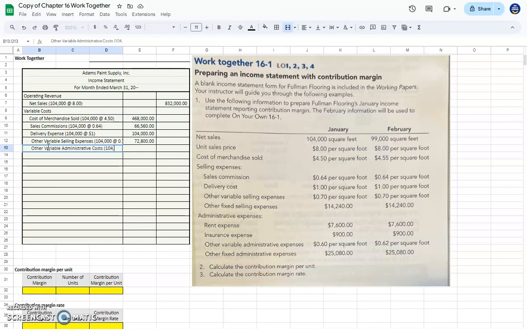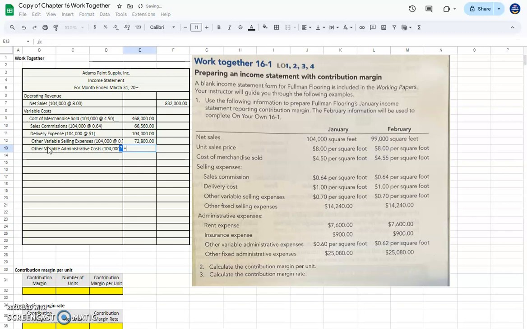And that's 104,000 square feet times 60 cents. All right, now I think if I look through, that's it for variable. The rest of these are fixed, so we'll put them on the fixed cost area.